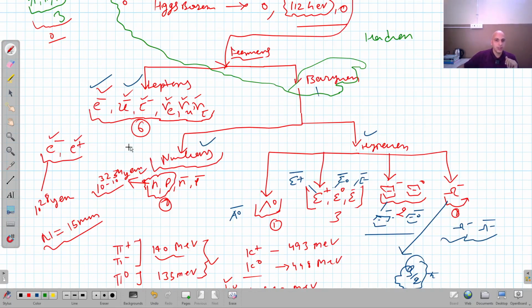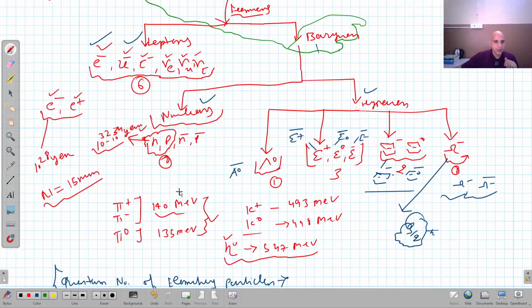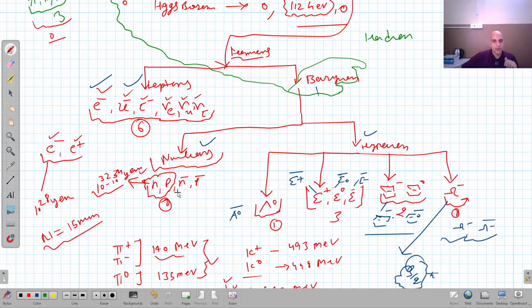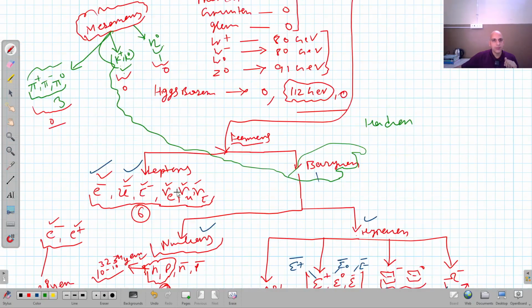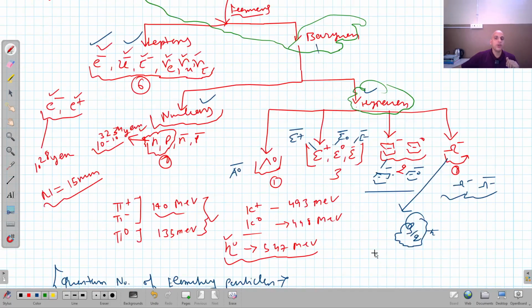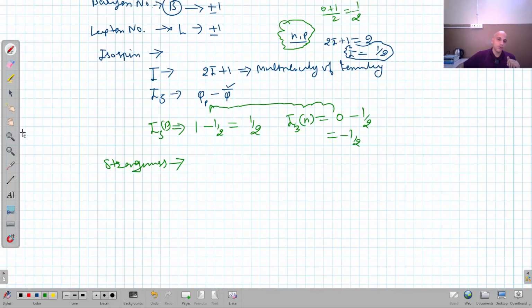You have the K meson family, and these are the hyperons. A question can be asked by the examiner: which of the following particles is strange? So first of all, we have to remember K mesons plus hyperons.